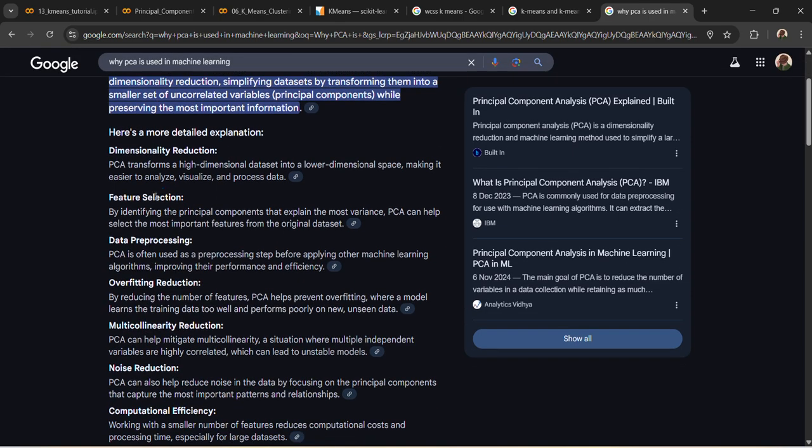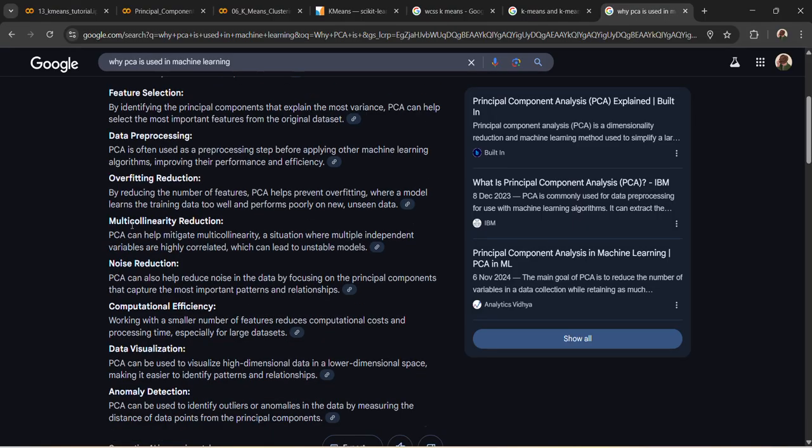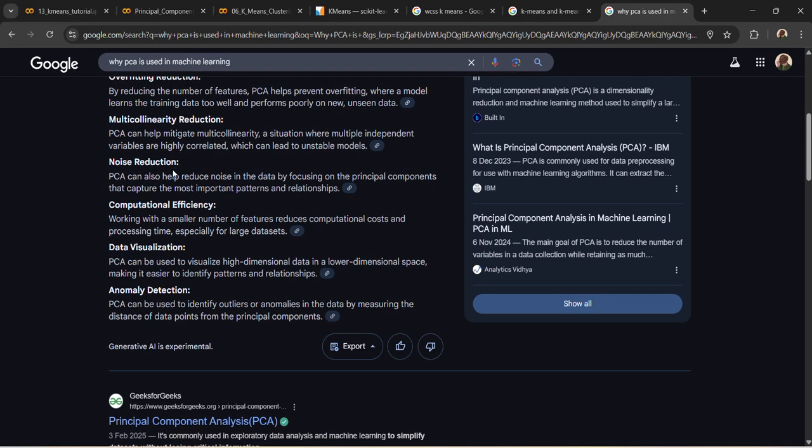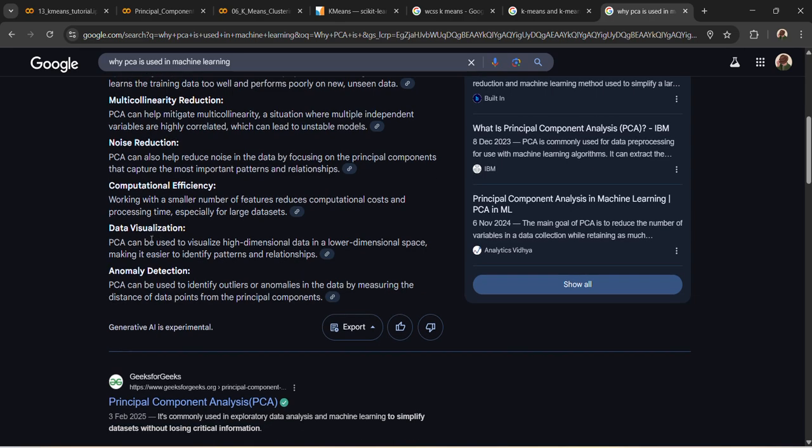Feature scaling we can do, data preprocessing can be done, overfitting can be reduced, multicollinearity reduction, noise reduction will be there, computationally it is efficient. And if you want to plot them, sometimes three-dimensional data you cannot plot. You can use PCA to reduce it to two-dimensional and then plot them.